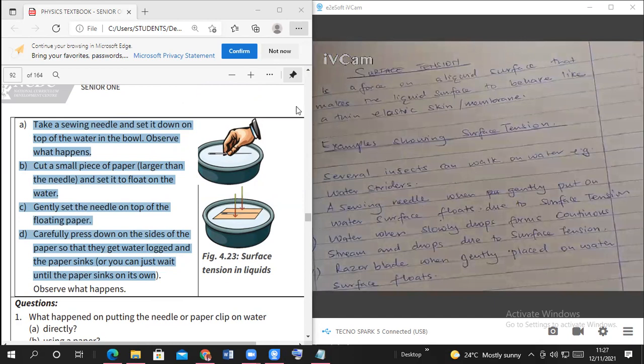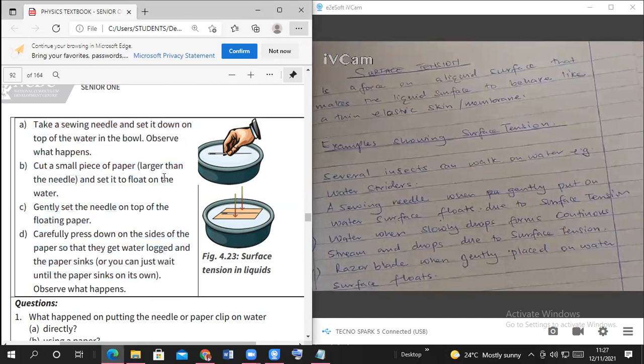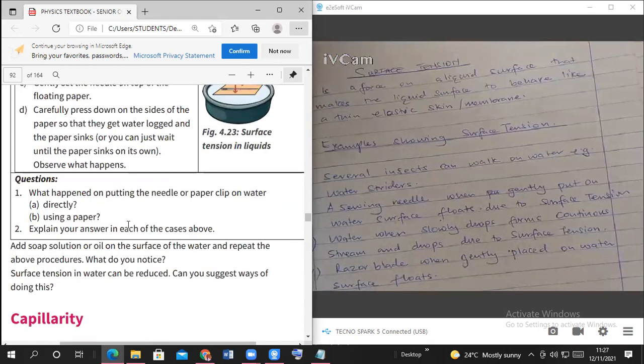No. Yes. Okay. So we have this blotting paper. So if you have a paper and then you place a needle on it, we are going to write what will happen.